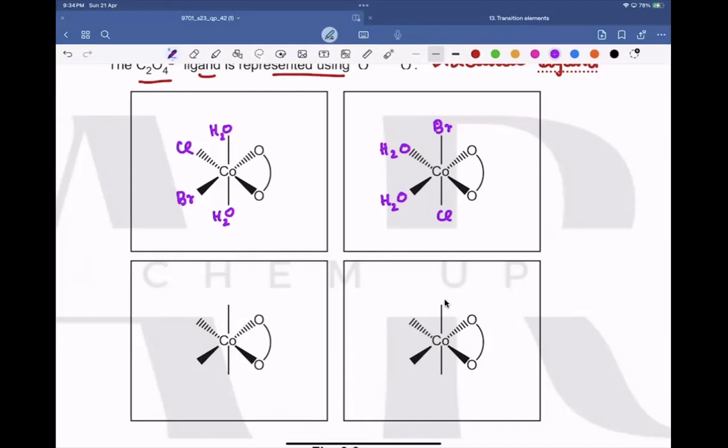For example, if I put one water over here and one water over here, and then put the chlorine and bromine like this.